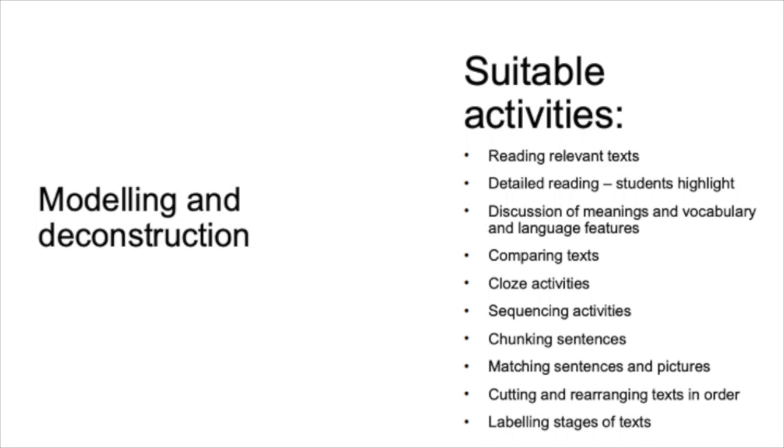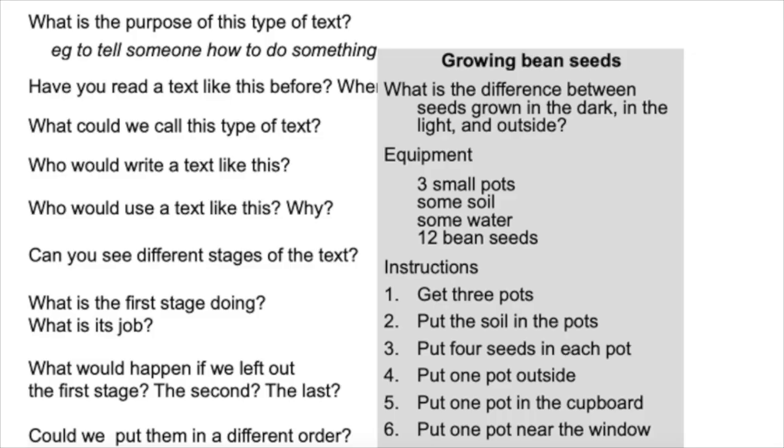You could do some closed activities. So again, using the literacy, sequencing, chunking sentences, matching sentence and pictures, which is similar to what that other activity could have looked like if you had words with the images of the bean plant growing, cutting and rearranging text in order, labelling stages. So there's lots of different activities that you can do there.